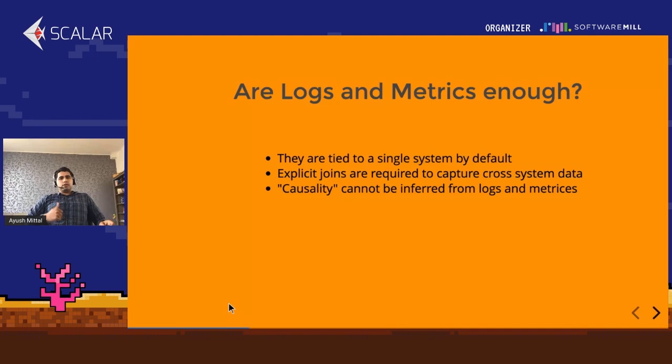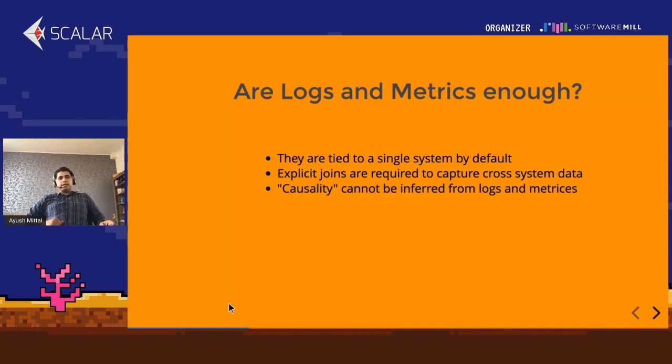Causality is the concept of why a particular event happened, what was it preceded by, and what will it be followed by. So that is what we mean by causality. And metrics and logs are not good at providing causality information.